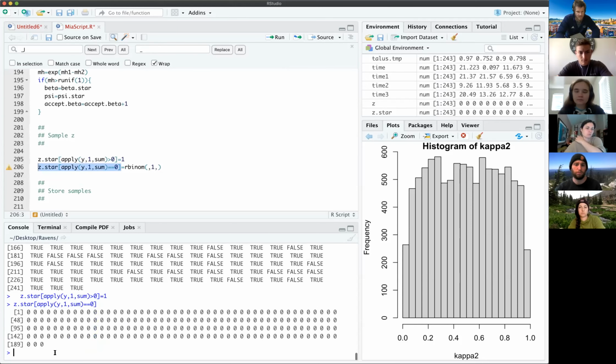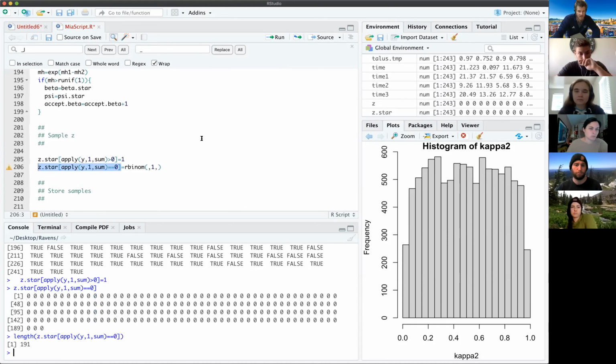How many do we need to sample? 191. So we had 191 sites where we observed all zeros. And that's going to be the same no matter what our MCMC iteration is.